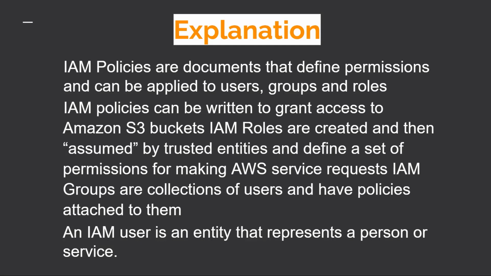IAM policies can be written to grant access to Amazon S3 buckets. IAM roles are created and then assumed by trusted entities and define a set of permissions for making AWS service requests. IAM groups are collections of users and have policies attached to them. An IAM user is an entity that represents a person or service.